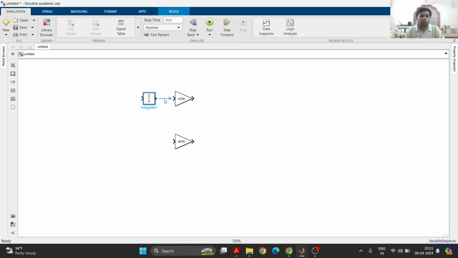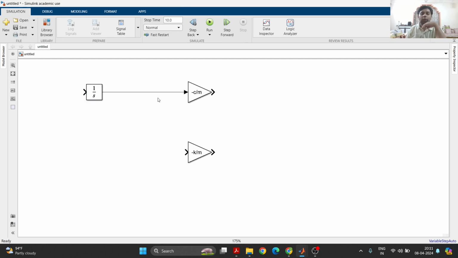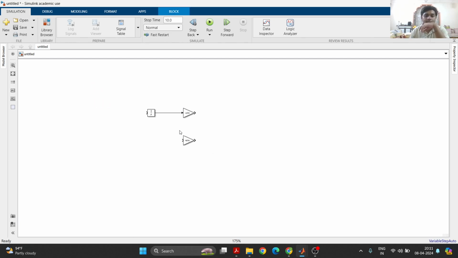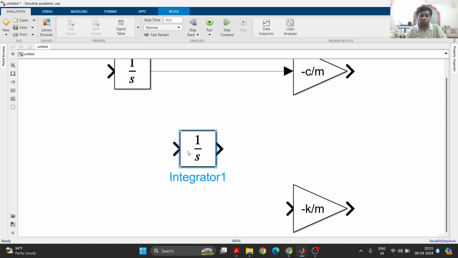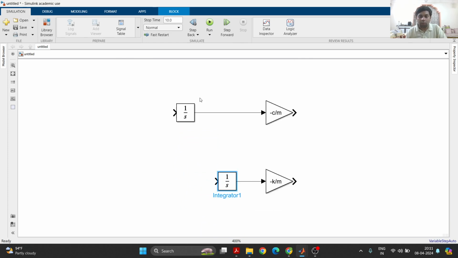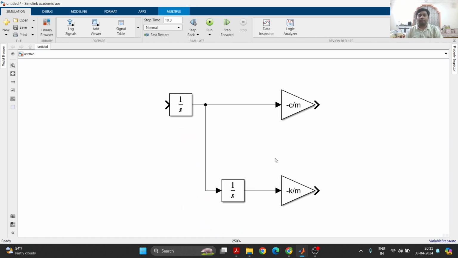Let us say the output of this is x dot. So x dot into minus c by m. This is the first integrator, and then we will integrate further this velocity. We take a branch out from here. So this is our displacement x.